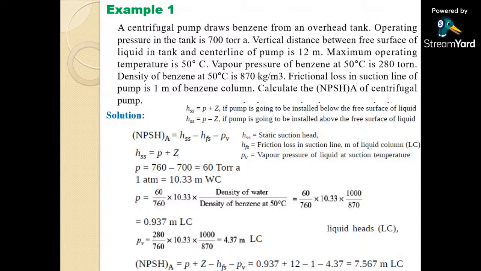Please check your answer. And for this PV, what is the value for this 280 torr in terms of water column? 3.81.